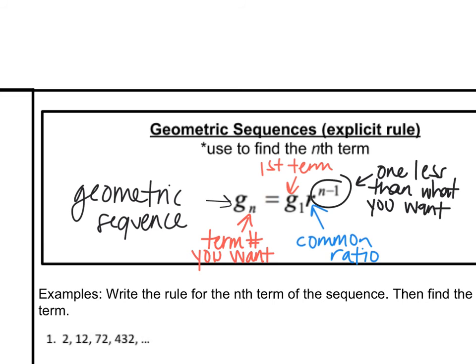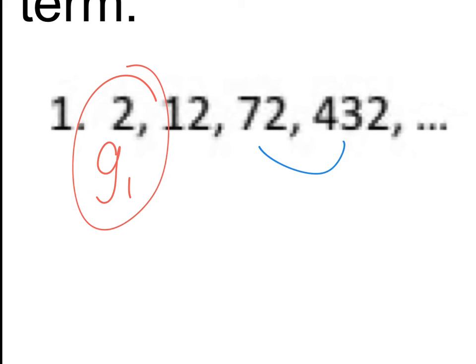That's another way to think of it. So it's not A1 this time, it's G1. The first term of the geometric sequence is 2. Daniel, what's it multiplying by? 6. Yep. So that's your common ratio, is 6.